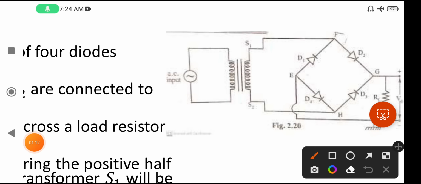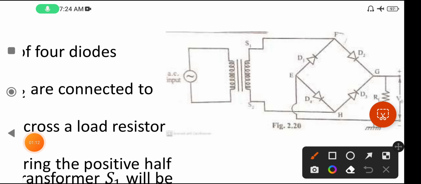Next, an AC voltage is applied through the transformer during the positive half cycle. Here AC voltage means it is like in this form. So when it is like a waveform, this is called the positive half cycle and this is called the negative half cycle. So AC voltage is applied across the transformer, and during the positive half cycle of the AC input, the secondary terminal S1 of the transformer will be positive and S2 will be negative.